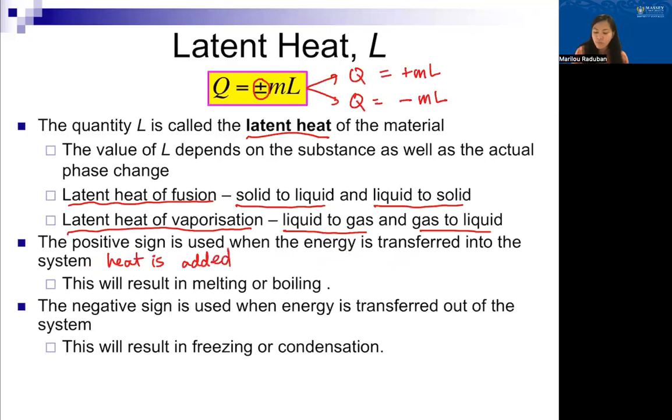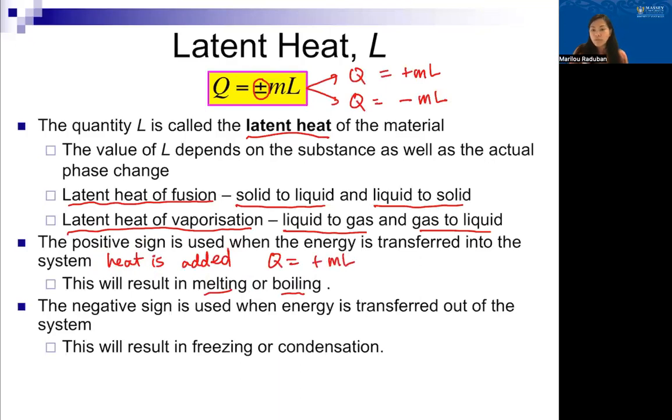That's the case when you go from liquid to gas, or solid to liquid. So when you're melting or boiling, you need to add heat to the material in order to cause it to melt and to boil. That's where you'll use the plus mL, when heat is being added.